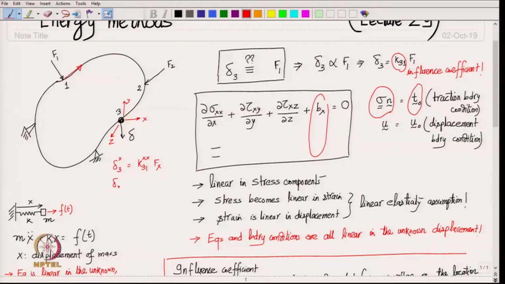Similarly, delta 3 in the direction x is equal to k 31 x y f y. So, if you are applying force in y direction, then the influence coefficient is k 31 superscript x y. Okay. Similarly, you can keep on working here.